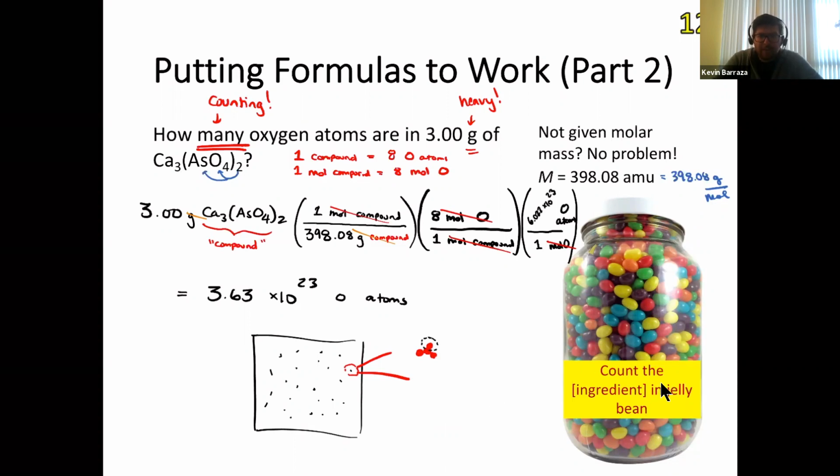So it's kind of like you're counting an ingredient in the jelly beans. You're counting how much sugar is in the jelly beans. In this case, we're counting how many oxygens are in this compound. And to do that, we're going from how heavy to how many. That's going to be a molar mass conversion, except this time we also need to say, well, if I'm talking about an ingredient, a part of this substance, then I'm going to need to use the recipe or the formula to get where I need to go.